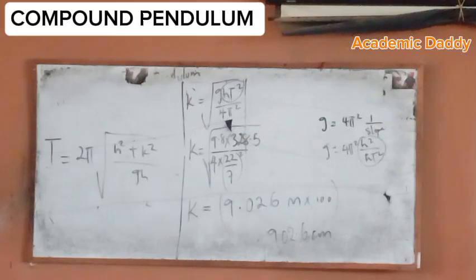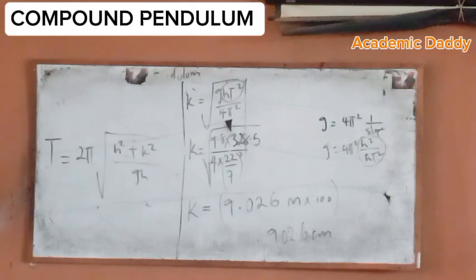The first is that the experiment helps us find the moment of inertia. That is 1. 2 is to determine the center of gravity or determine acceleration due to gravity. That is 2. 3 is to determine moment of inertia. That is 3. Going forward, the fourth is to determine the k, that is the axis of rotation.